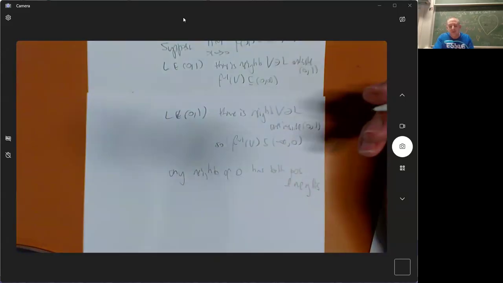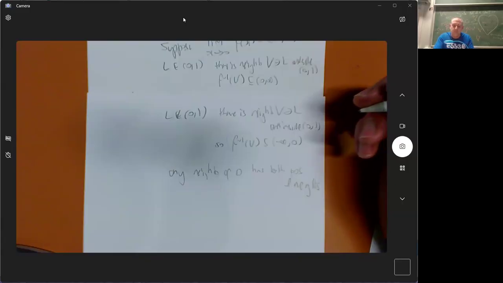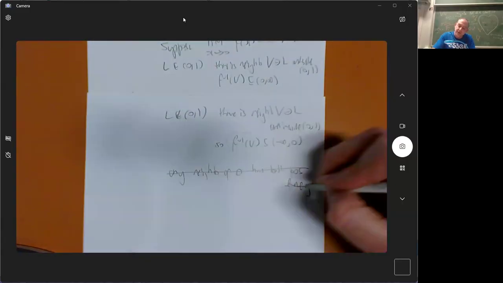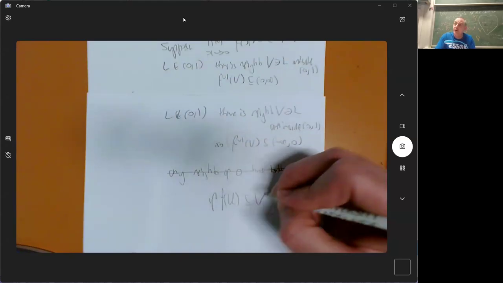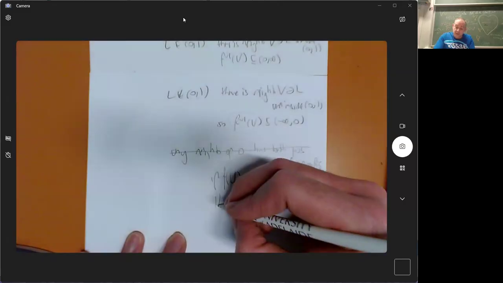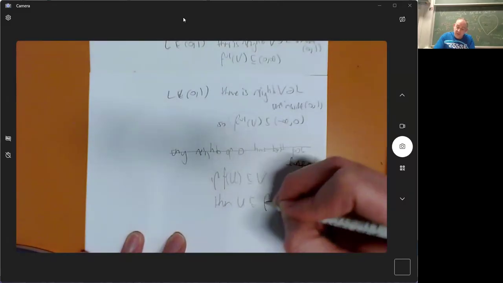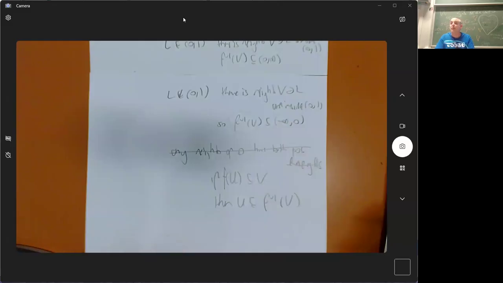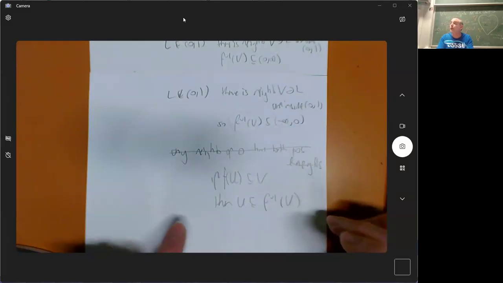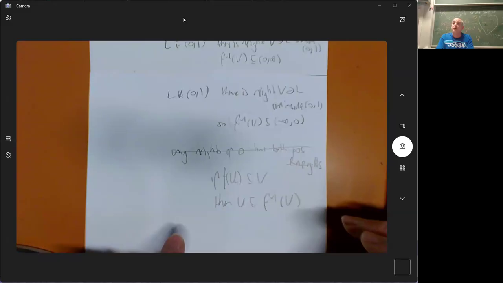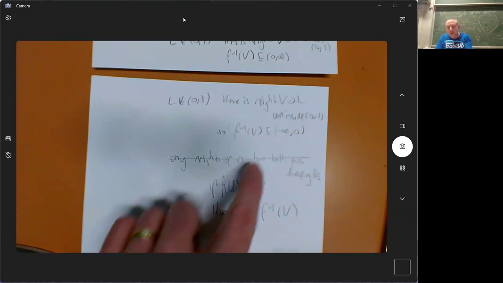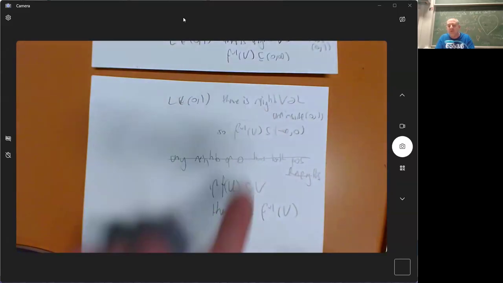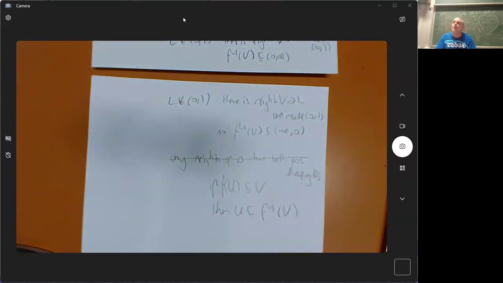Yeah. So if f of U was inside V, then U would be inside f inverse of V, the pre-image of V. That is true. And neither of the options for f inverse of V contains 0.